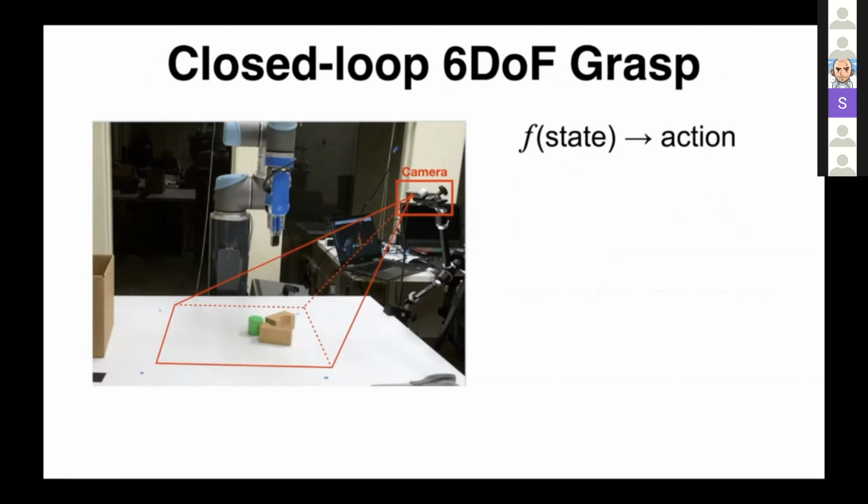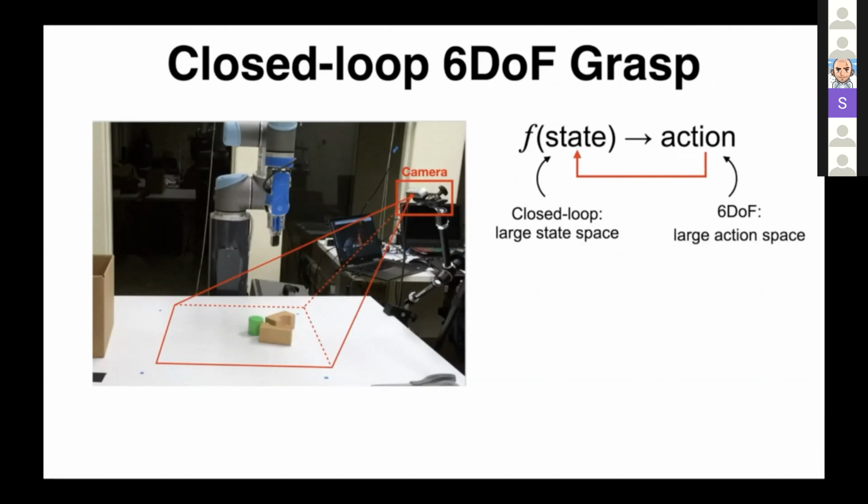However, once you start to use the closed-loop formulation, every action the system takes will have effects on the state, which will drastically increase the possible state space the system needs to handle. And if at the same time we move from top-down to 6-DoF motion, we will also increase the corresponding action space.